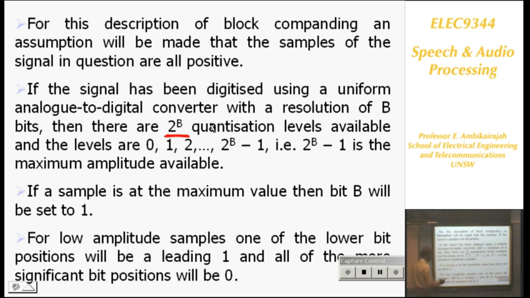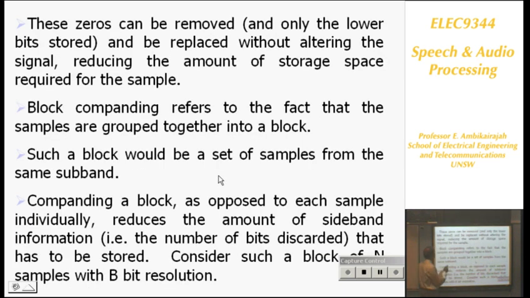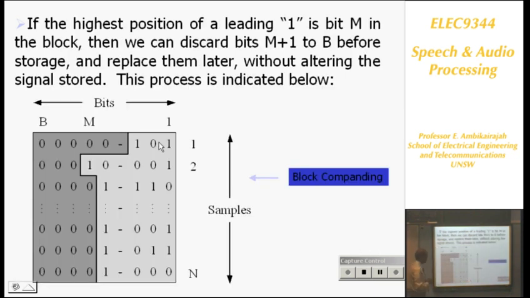So we will start with the next diagram. It shows you how to do the block companding. I'm just looking for the diagram. You can read through them. Here's the diagram. Next one. Here, look, this is your block companding. What happened here is, this is your first sample, second sample, and so on. You have found out you do need 3 bits for that, and so many bits for that.